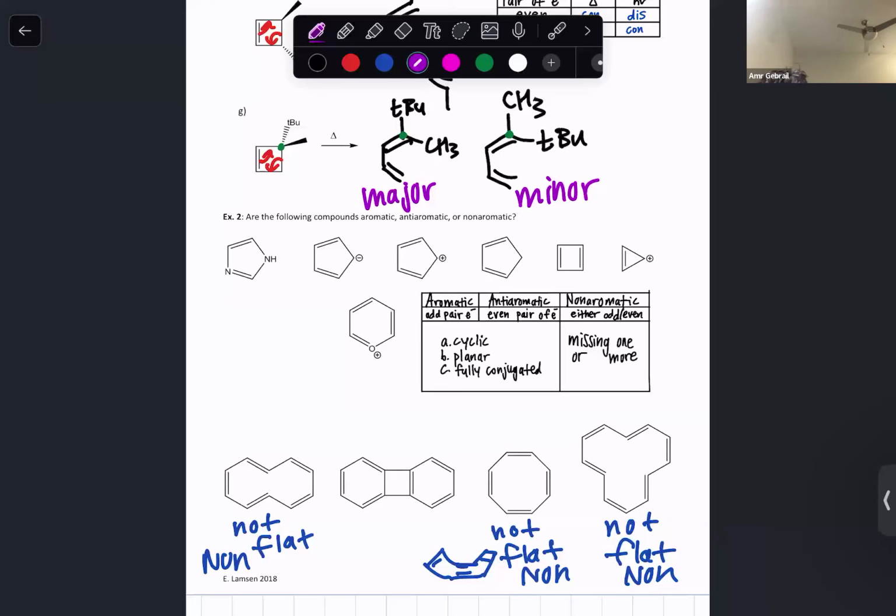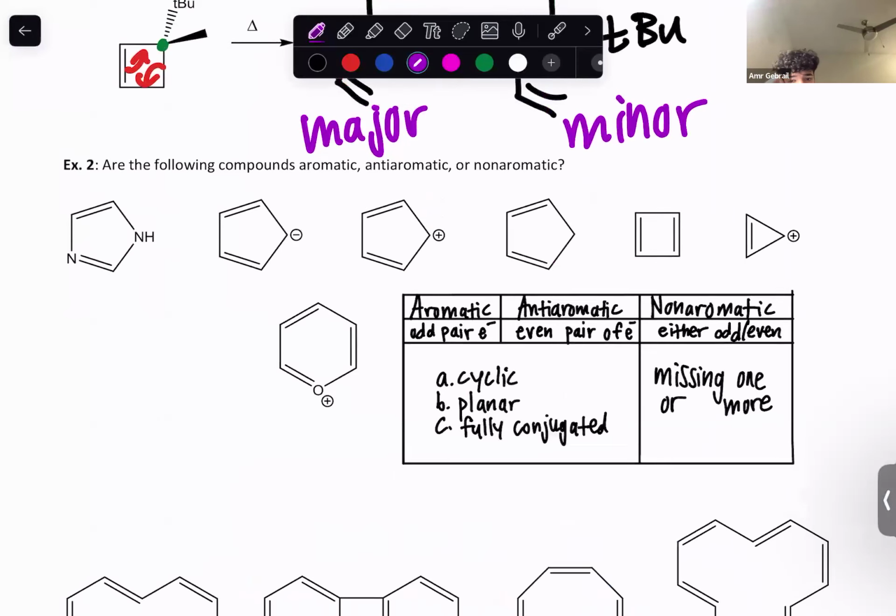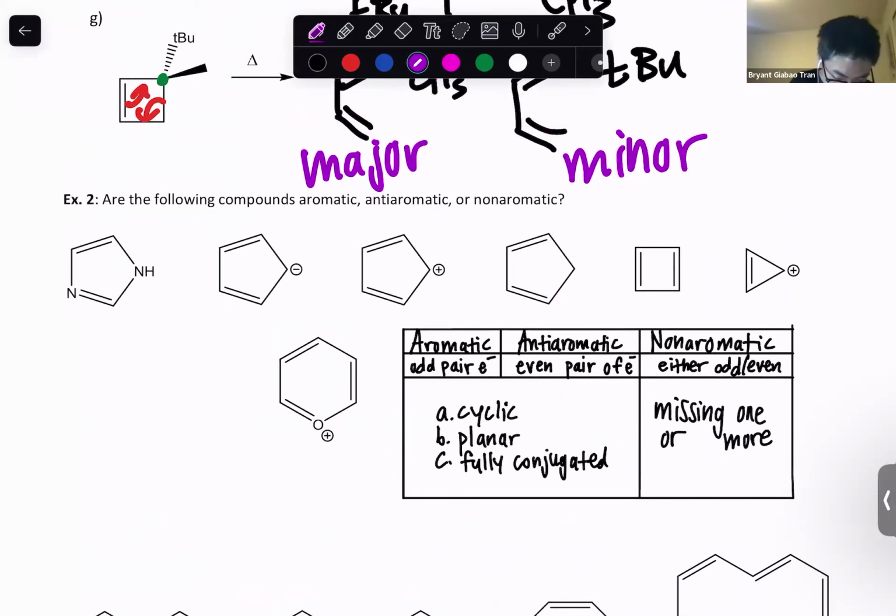Did I draw the first one down? Oh, I didn't. The first one would be 1, 2, 3, 4. Is it anti-aromatic? So let's see, how many pairs of electrons did you say are resonating? I said 4. Wait, let me look at the NH. 1, 2, 3, 4, 5.